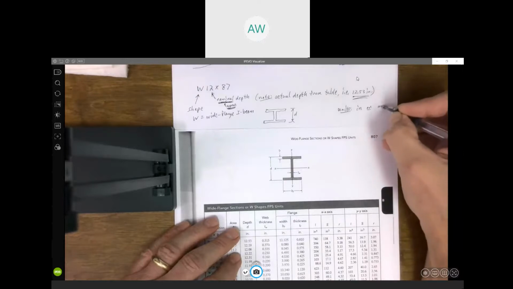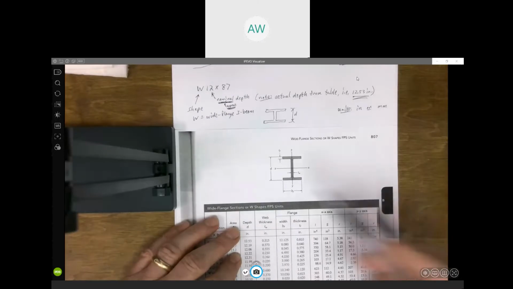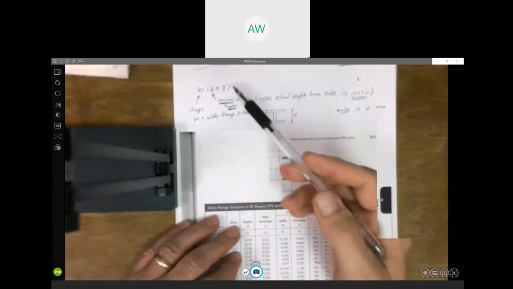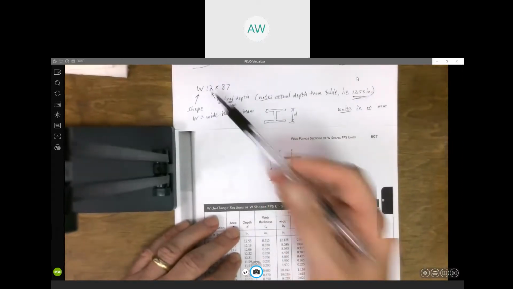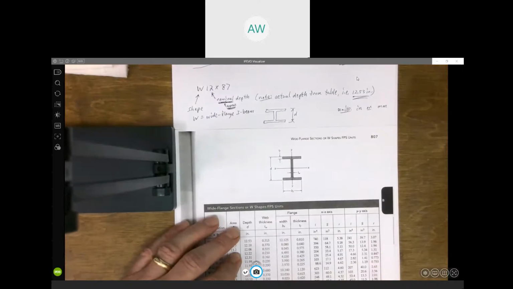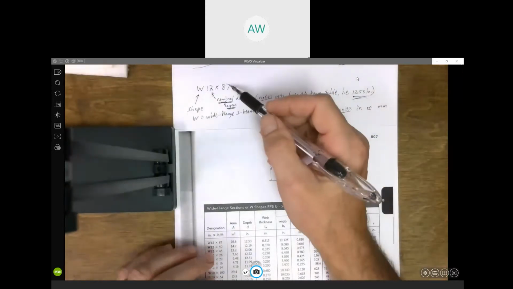Or if you're using the table for SI, it'll be in millimeters. So if we were looking at the table with SI units, that would tell you the approximate height in millimeters.